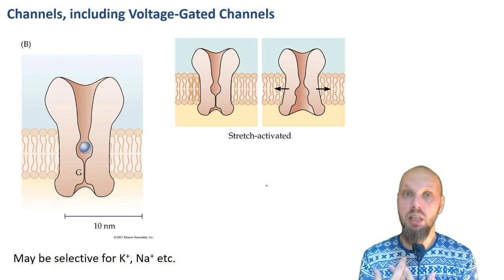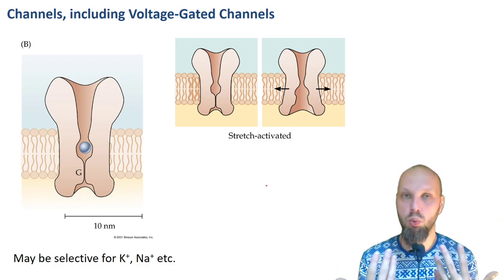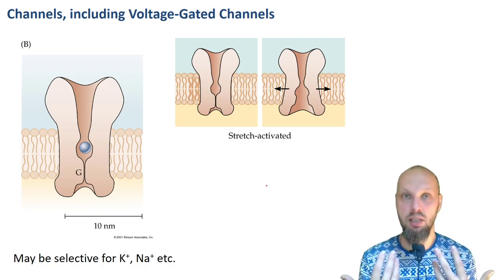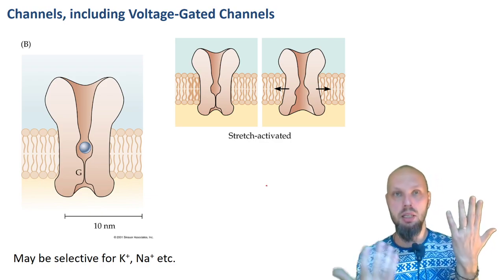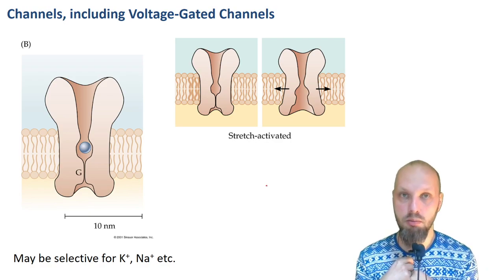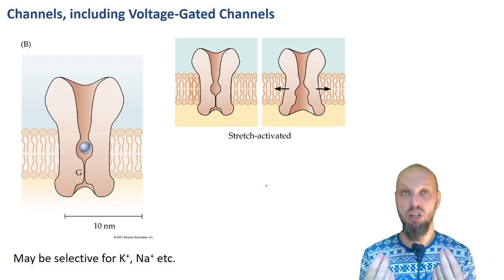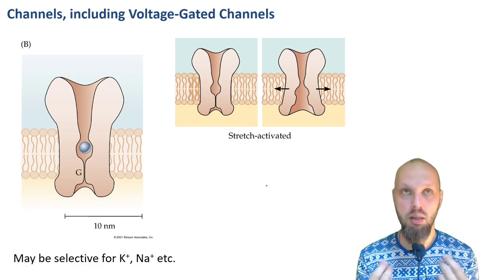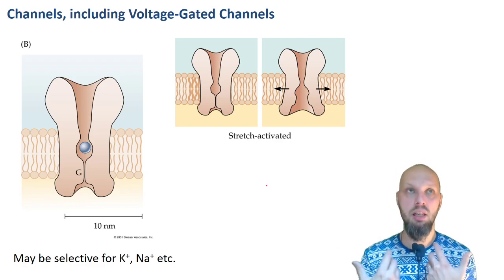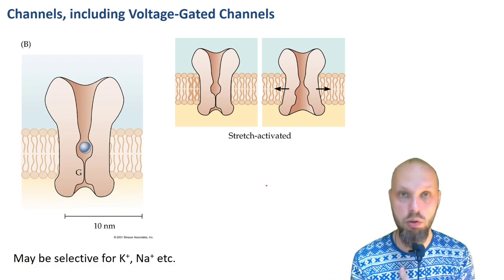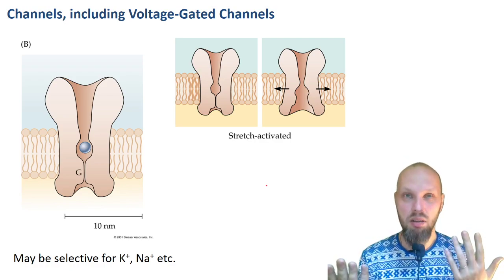So let's have a really quick tangent and think why would we have channels like that? Where in our bodies these channels are used, may be used, and are actually used? Stretch activated channels, channels that when you bend the membrane, they let some, let's say, sodium through. Why?